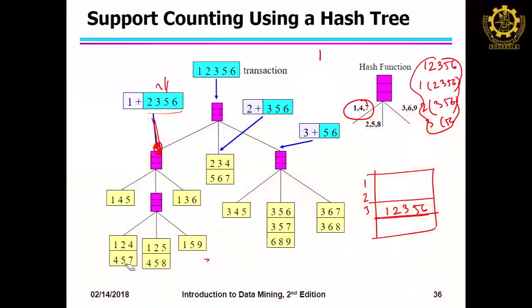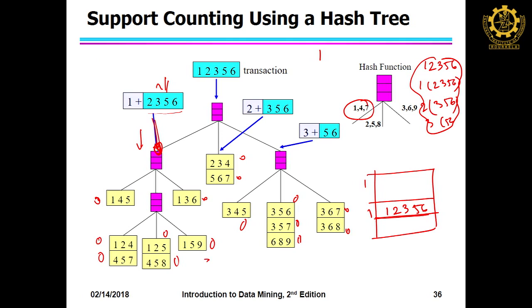Initially this is the tree, and the support is 0. So in all cases support is 0 here. Let us say this is the first transaction. All supports are 0. Now you check it here on the left side: 1 and a combination of 2, 3, 5, 6.